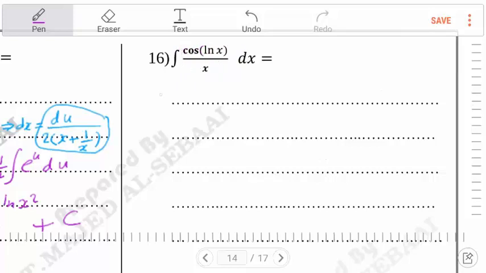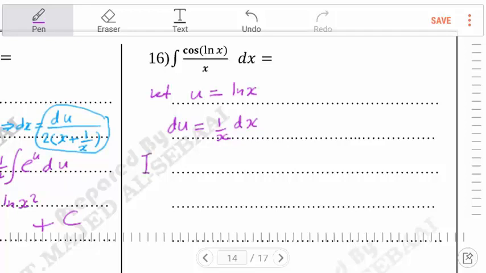So I will say let u equal ln x. So du equals 1 over x dx. How easy is this? This is really easy.